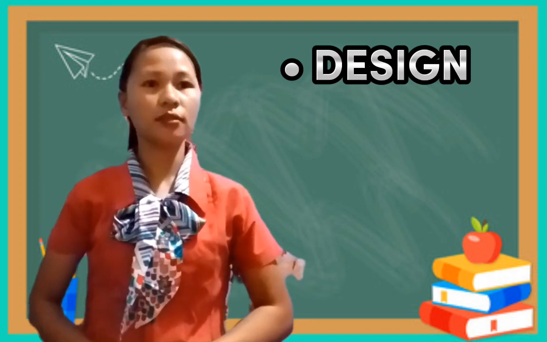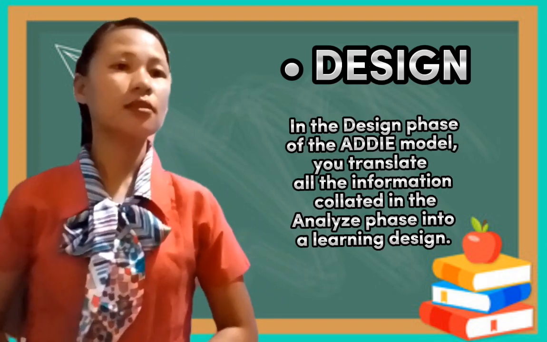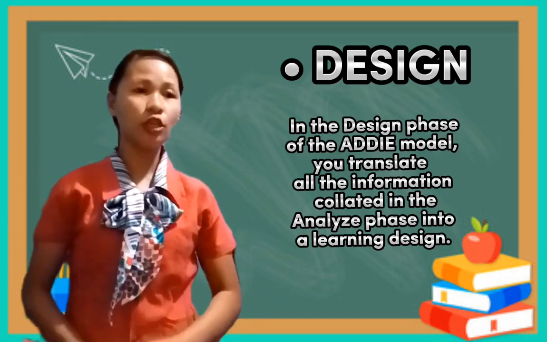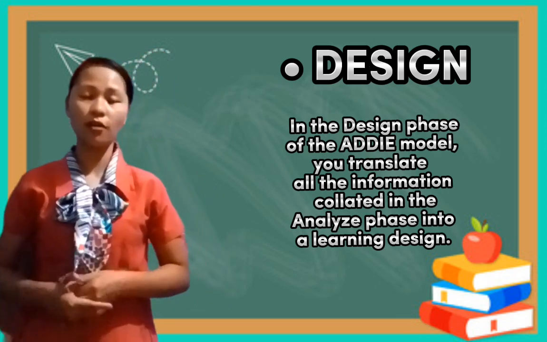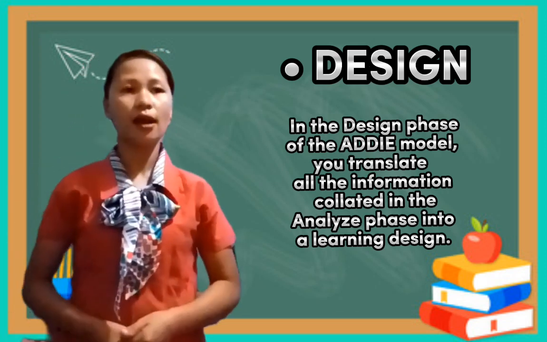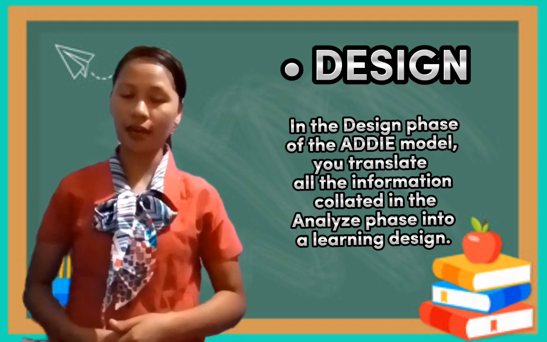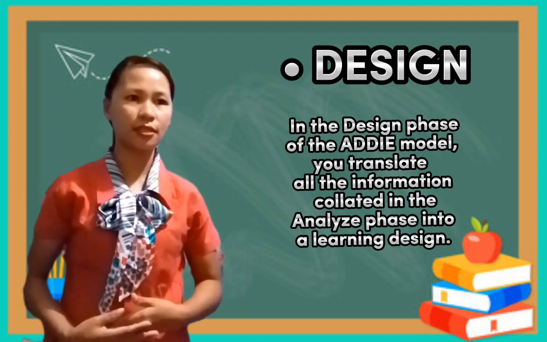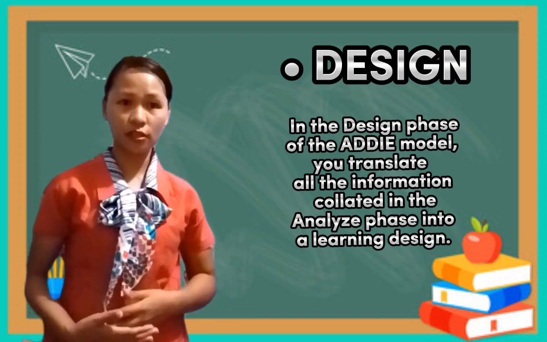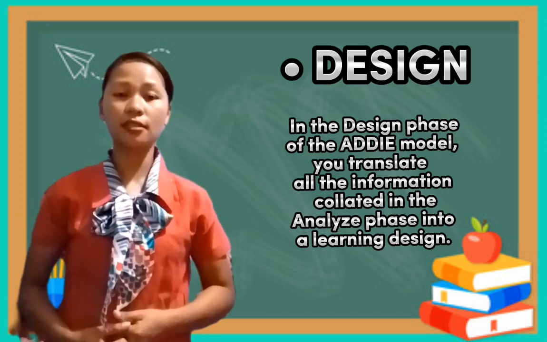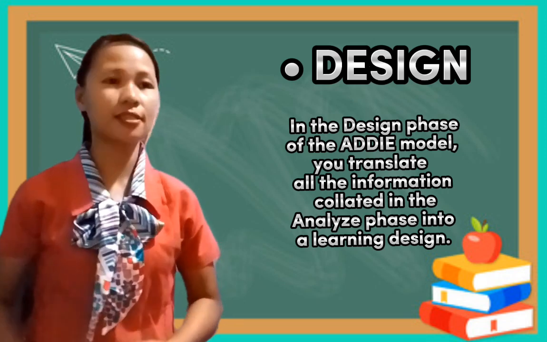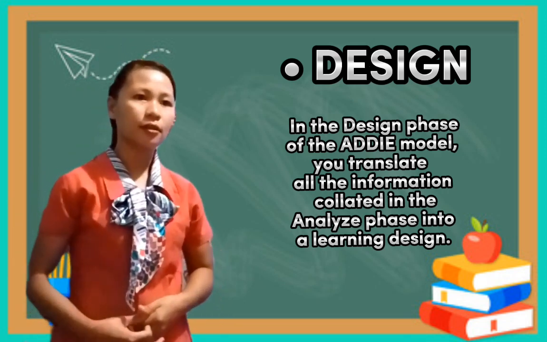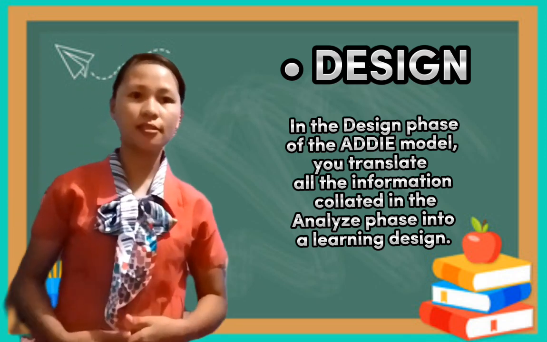The second one, the design. In the design phase of ADDIE, you translate all the information collated in the analyze phase into a learning design. The design phase deals with learning objectives, assessment, instruction, exercises, content, subject matter, lesson planning, and media selection.